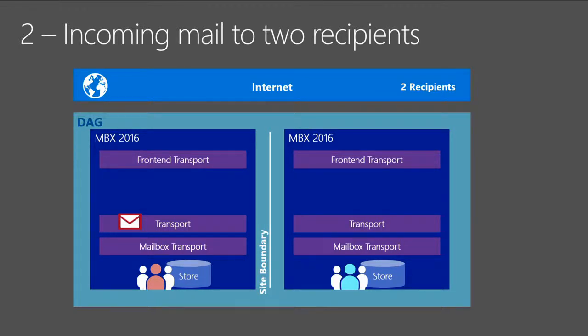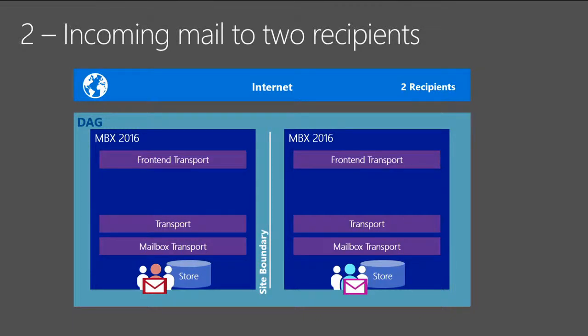And once it's figured out that there are two recipients, it's going to bifurcate that mail and send one via the mailbox transport service to Mr. Red. And because they are both on the same box, it's really quick. And in the other case, it can still talk to the mailbox transport service on the other machine.